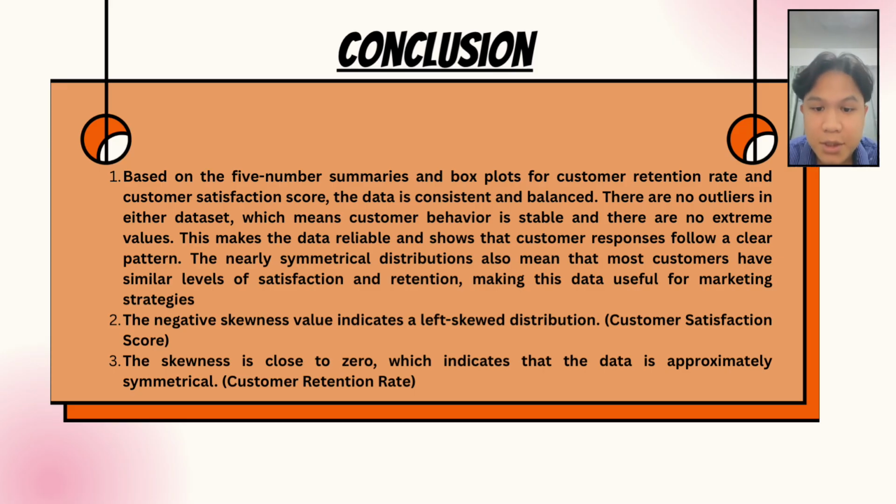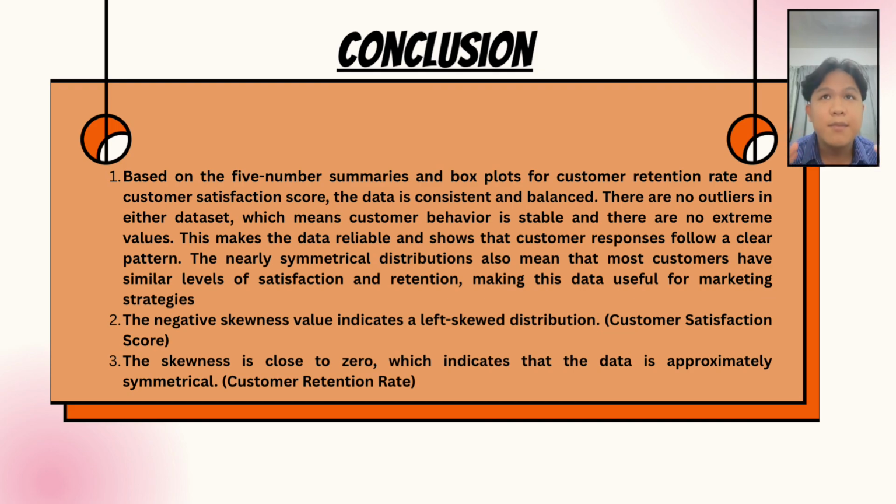So as a conclusion, based on the five number summaries in the box plot, for both of the key metrics, the data is consistent and balanced. So there are no outliers in the data sets, and this means that the customer behavior is stable where there are no extreme value.